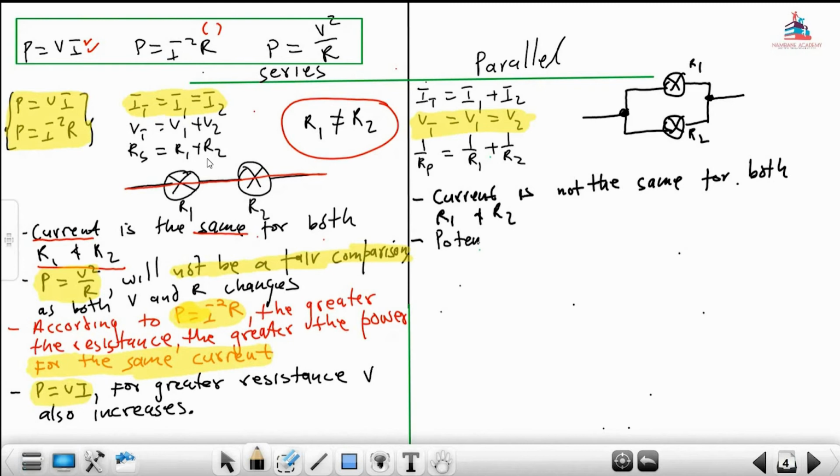So potential difference is the same for both R1 and R2.